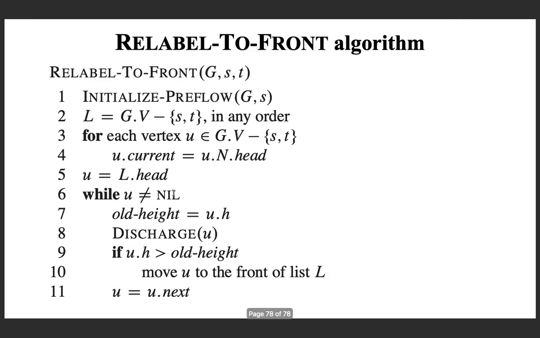So with this we are finishing this lecture, and today we looked at the relabel-to-front algorithm, which is an improvisation of the basic push-relabel method, in which the overflowing vertices are maintained as a linked list, and it carefully selects the next vertex to be discharged, getting an order of n cubed algorithm, where n is the number of vertices in the given flow network.